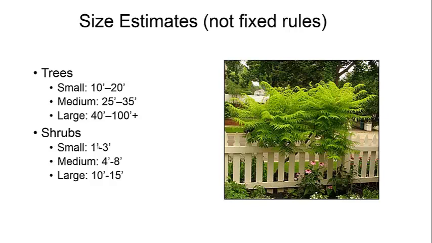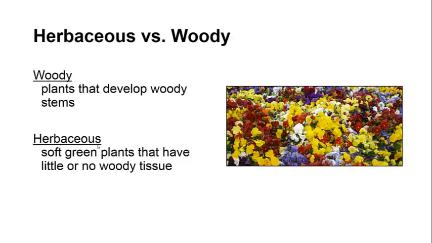And so you can see there's an overlap between large shrubs and small trees, and that's totally fine. In that instance, we would usually say, well, small trees would most likely be single-stemmed, and large shrubs would most likely be multi-stemmed.